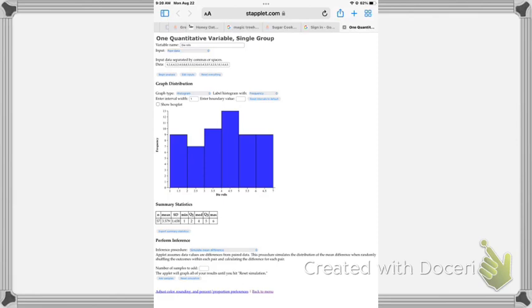So it was 9, 7, 10, 13, 9, 9 was our actual data. And I've kind of shown it in a histogram.